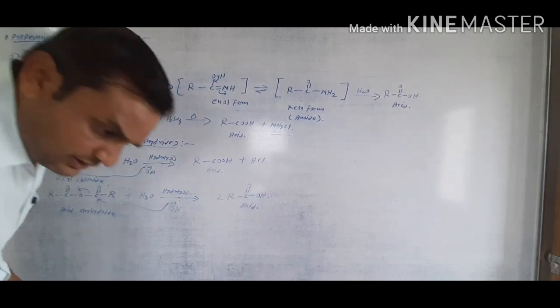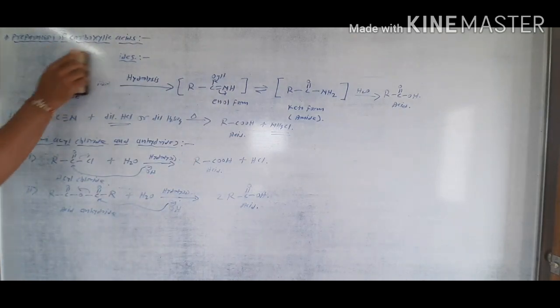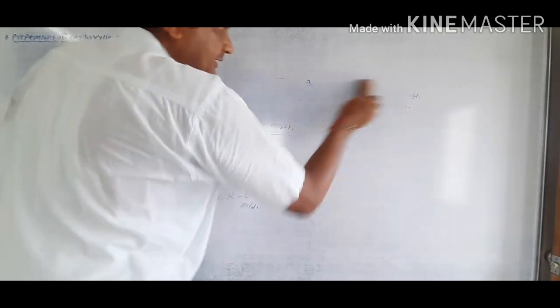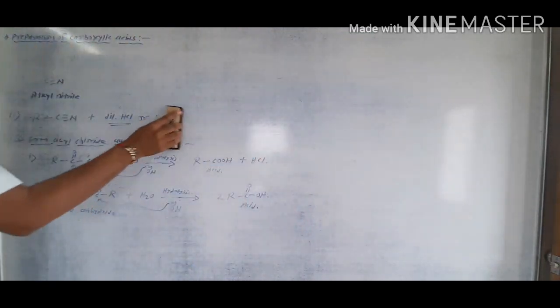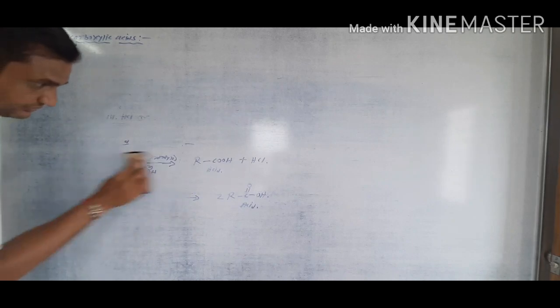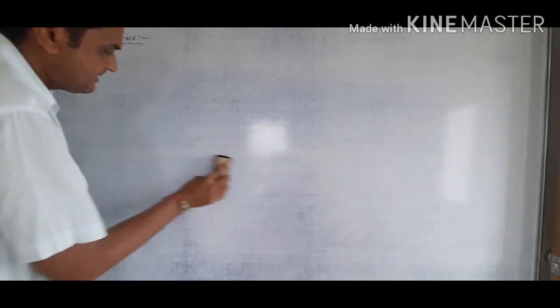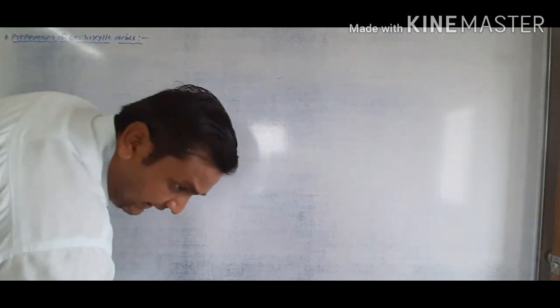The third method is from ester. Two methods were already discussed, and the other method is from the ester. Ester is also hydrolyzed to give the carboxylic acid.